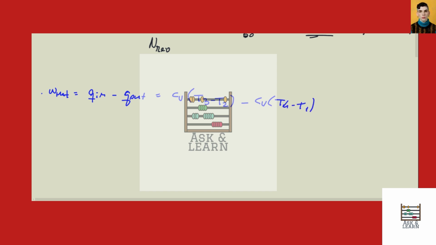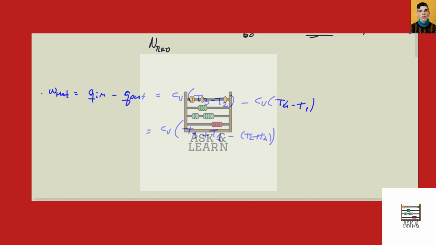Rearranging this, the net work per cycle is just Cv (T3 plus T1 minus (T2 plus T4)).